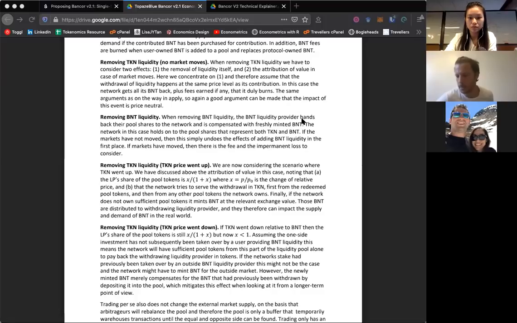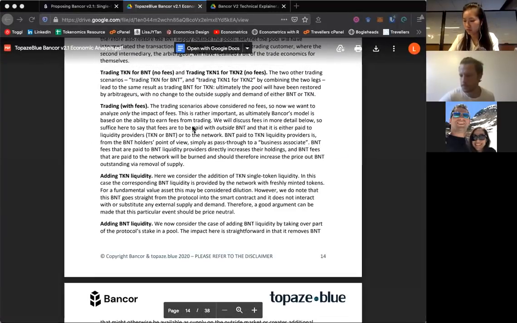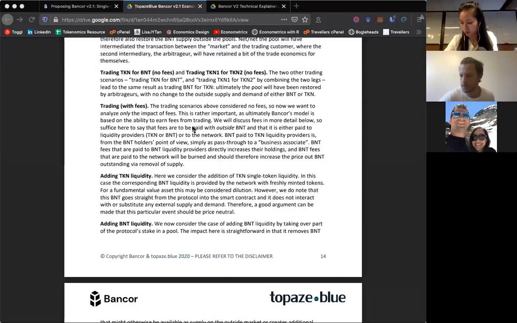Okay. So imagine a situation where you start off by staking the BNT side. You stake BNT and receive the pool tokens for your position, and these pool tokens actually represent both the TKN reserve and the BNT reserve.